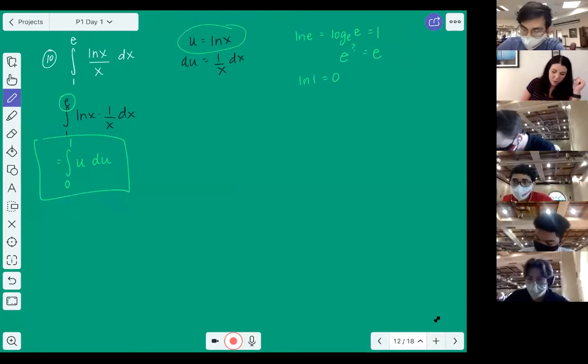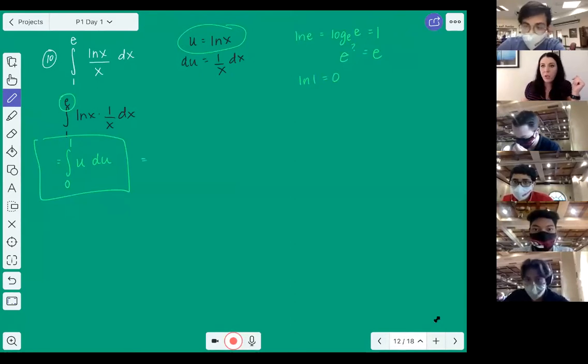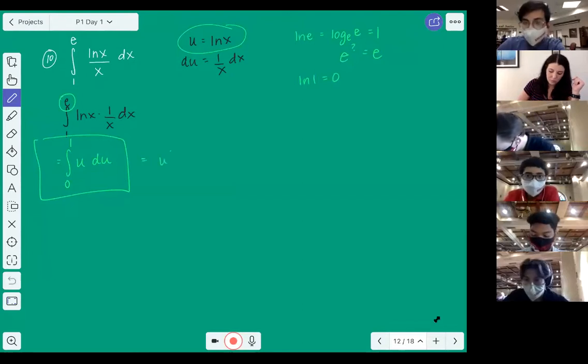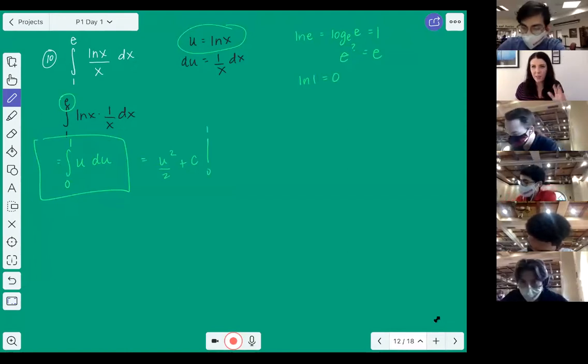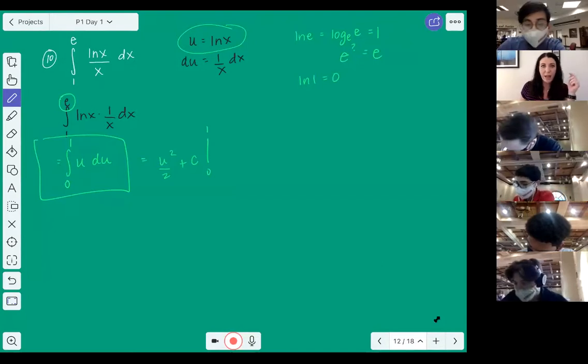Let's go to Mateo. Mateo, what'd you get from here? So the next line would be u squared over 2 plus c, and then with 1 and 0. That vertical line in 1 and 0, make sure you don't draw an S or anything there. It should be a straight vertical line. Okay. And then from here?